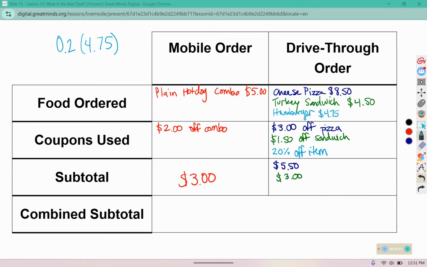So 475 minus the 95 cents we save is $3.80 for our hamburger.